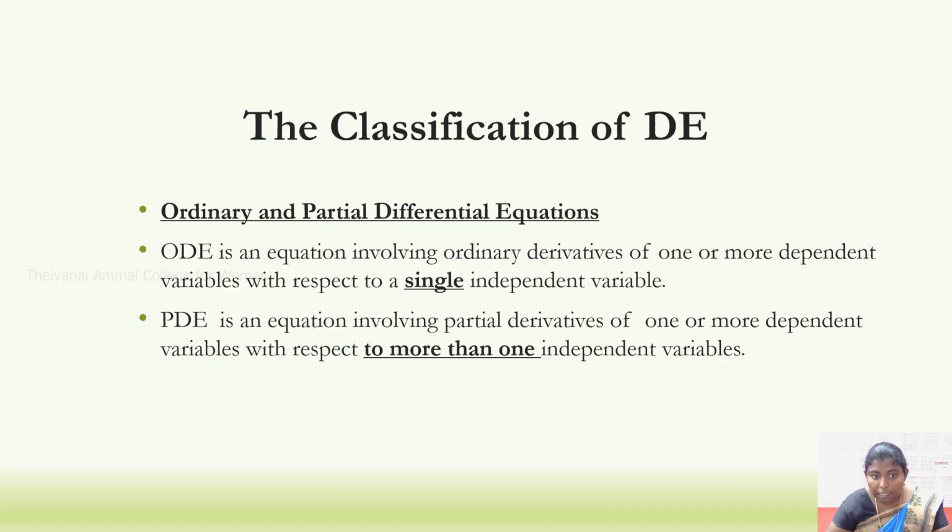A partial differential equation involves partial derivatives of one or more dependent variables with respect to more than one independent variable. So two or more independent variables are involved in the partial differential equation. This is the difference between ordinary and partial differential equations.